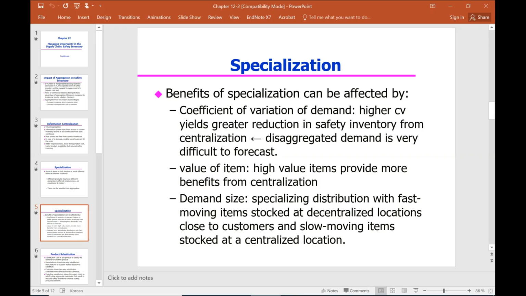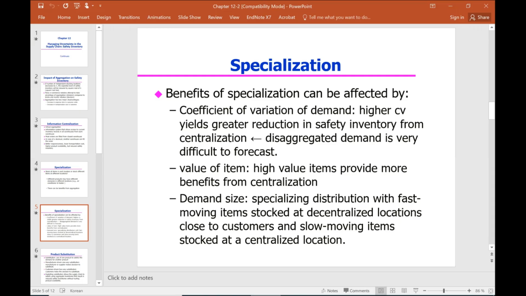Because if the two demands are totally independent of each other, you have to collect all the different data to forecast two different products' demand. So it is going to be very hard to forecast this disaggregated demand.